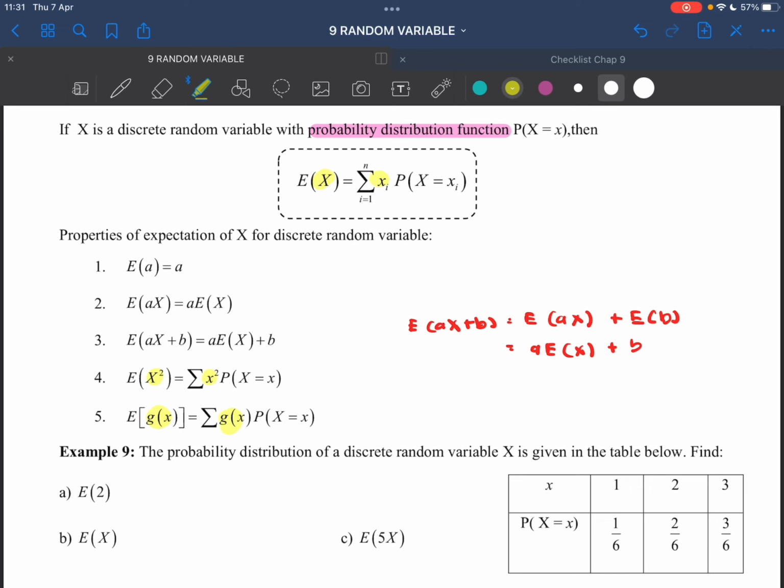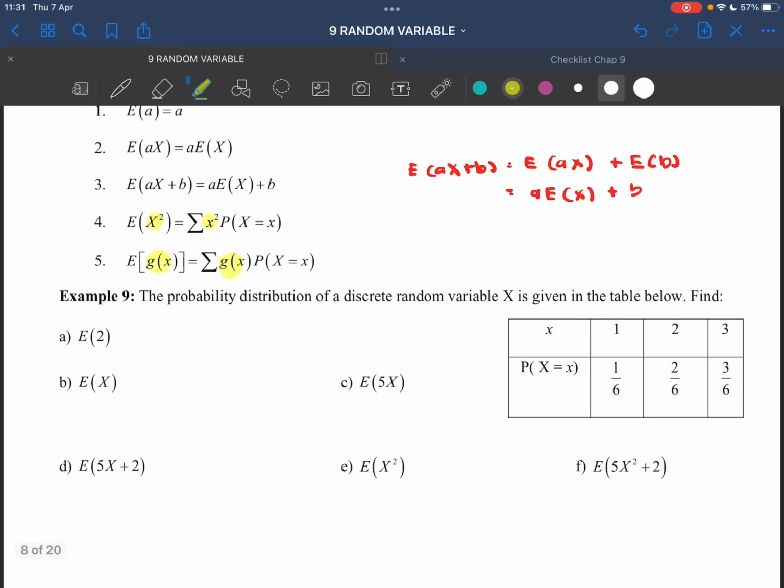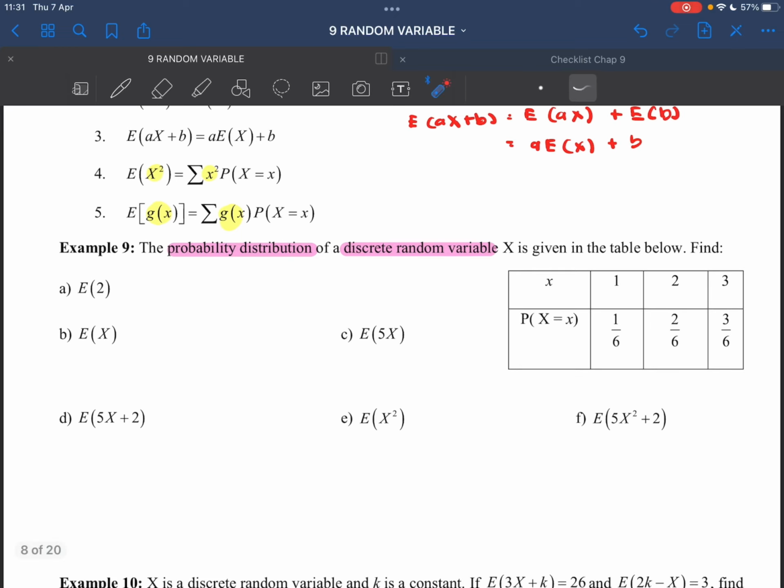So let's see example 9. The probability distribution of a discrete random variable is given. As I said before, the two things you have to identify from the question are that this is a discrete random variable with a probability distribution, and the question is asking for expectation, so we can just find it. Here is the table. E(2), straight away from the properties, equals 2.